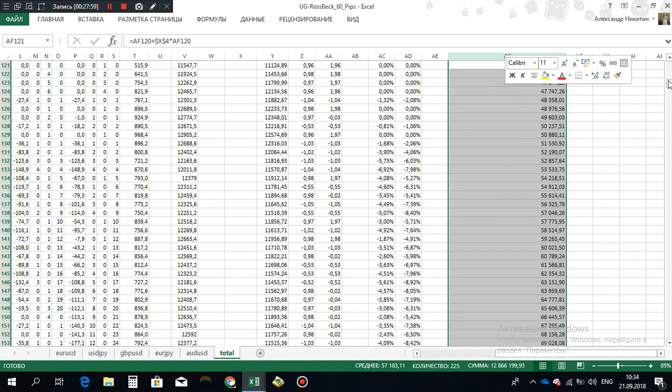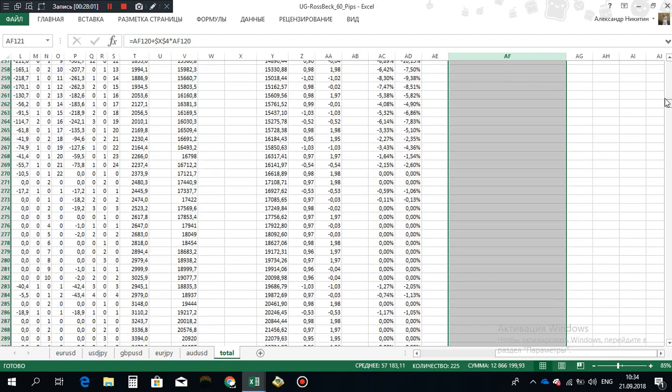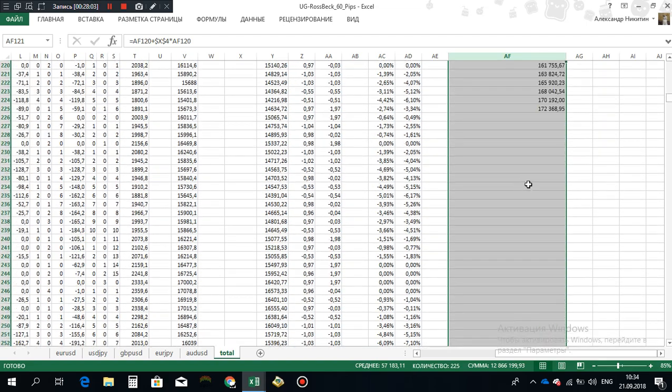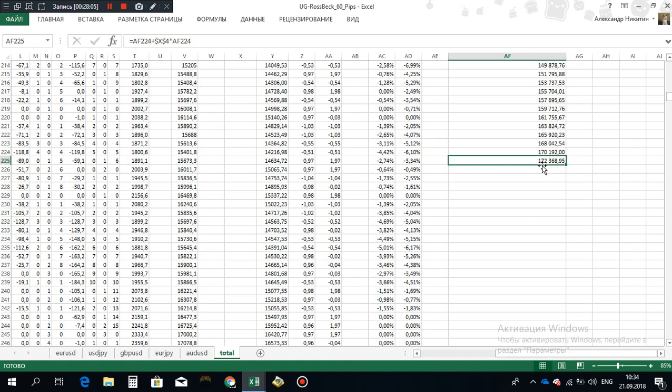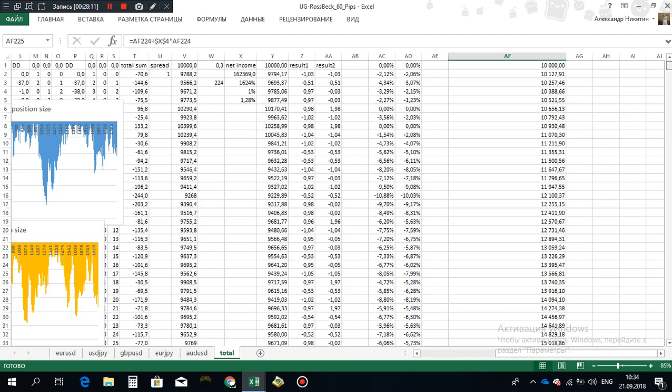Now they precisely coincide. 172,368.95. Okay, so it is a 1.28 average monthly return.